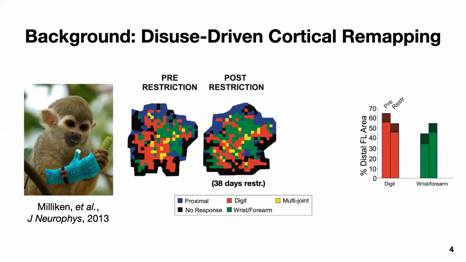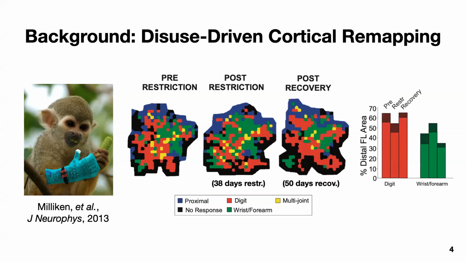This is called map plasticity, and it's one of the best studied forms of plasticity in neuroscience. And then after the cast was removed, that finger representation expanded again, and then the somatotopic map in that area returned to normal.